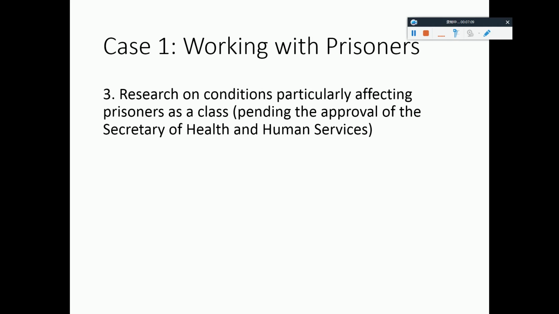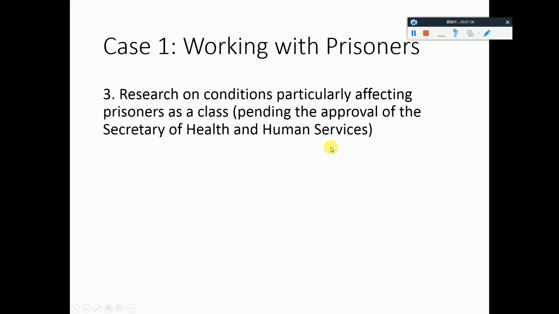The third type of research is a little bit more sensitive than the previous two. This is research on conditions particularly affecting prisoners as a class, right? So the seniors are a class of people. The children are a class of people. Here, the prisoners are a class of people.